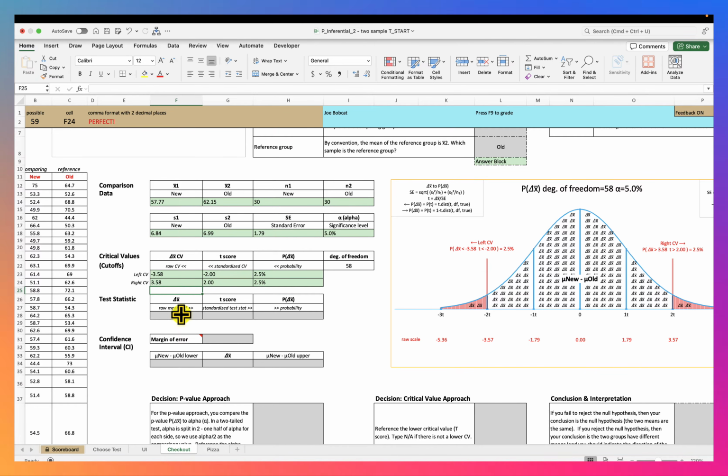All right, what is our delta x bar? It's going to be new minus old. So that's negative 4.38. Where might that fall? It's going to fall obviously in here, so it's going to be a reject. But let's go ahead and play this out.